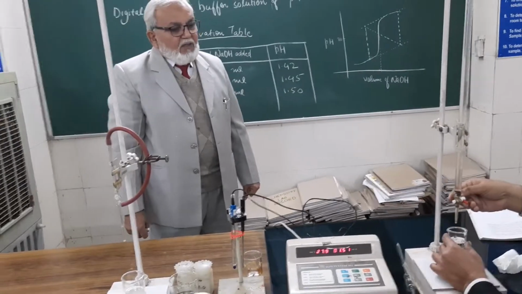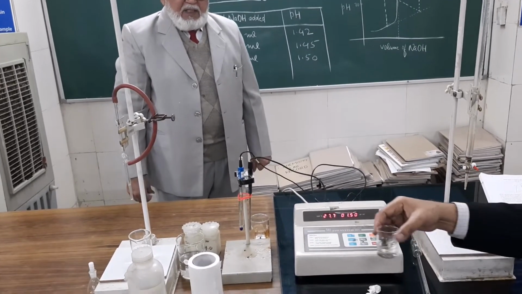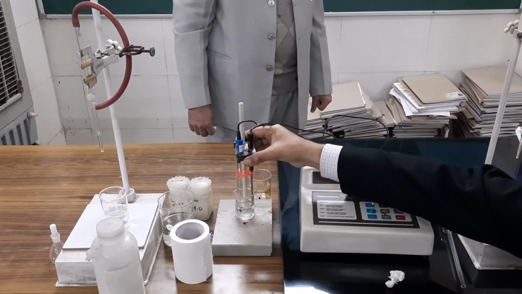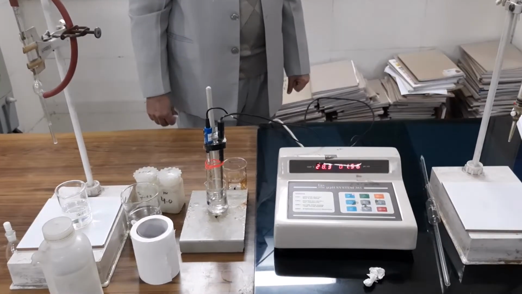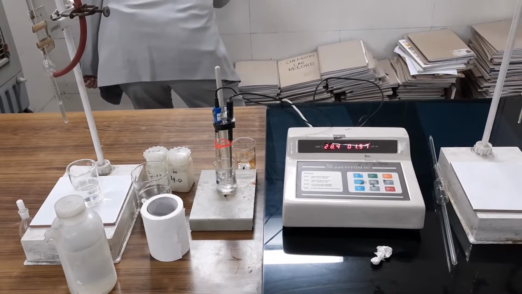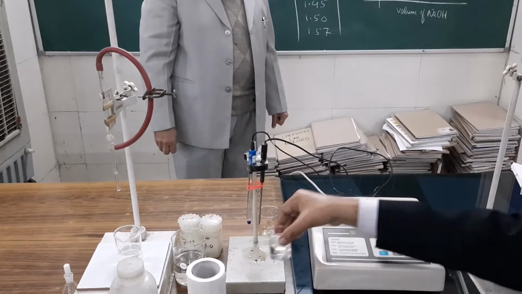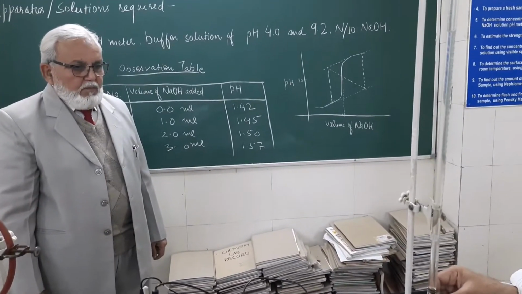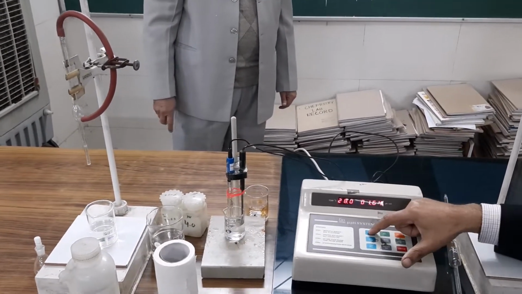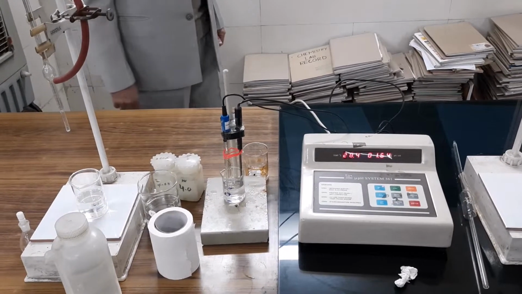So after addition of NaOH from the burette, you will keep on reading the pH on the pH meter. .57. .64.